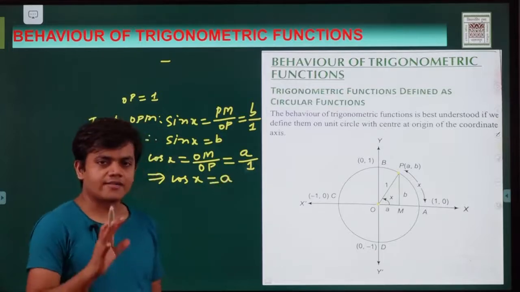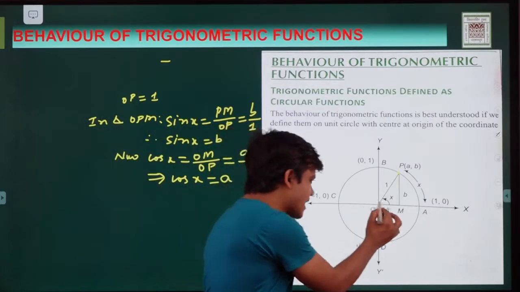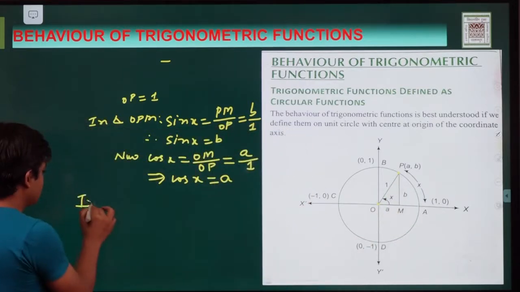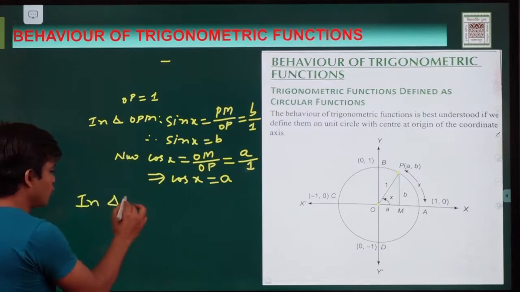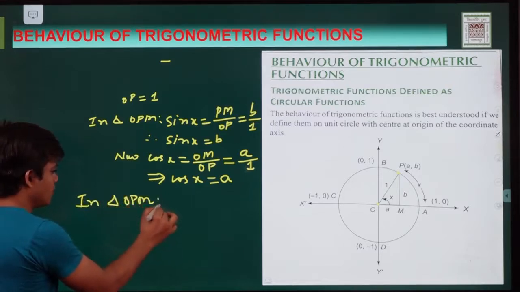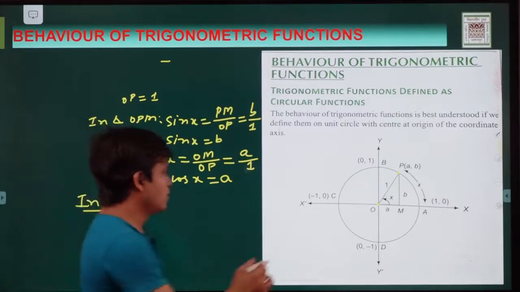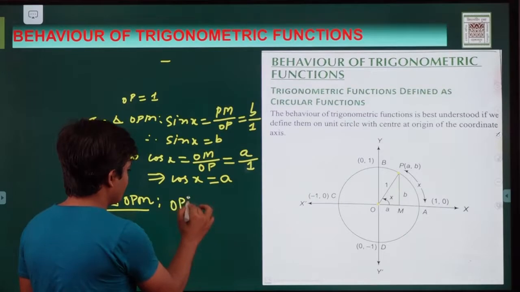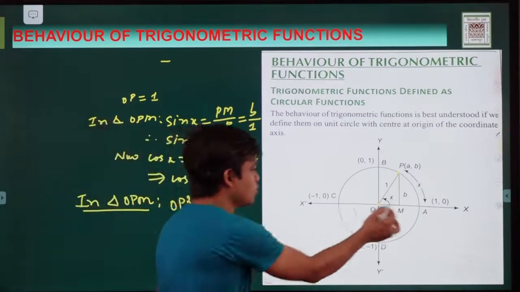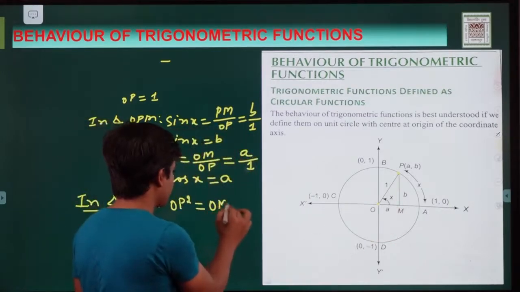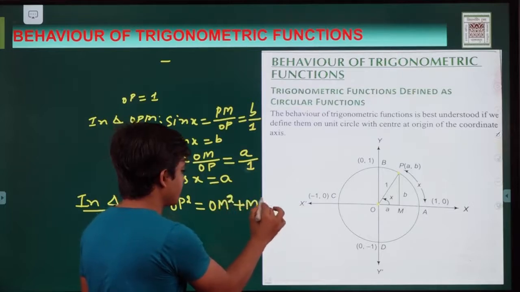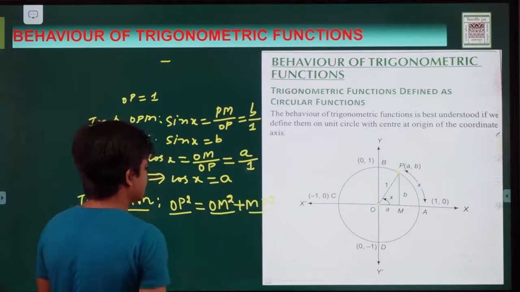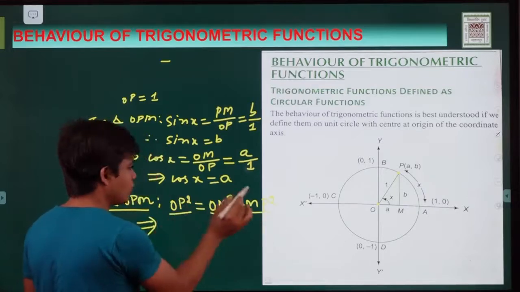All right. And now in this right angle triangle OPM, by Pythagoras theorem, what shall you say? OP square is equal to OM square plus MP square. Is this clear? What is our OP square? OP is 1.